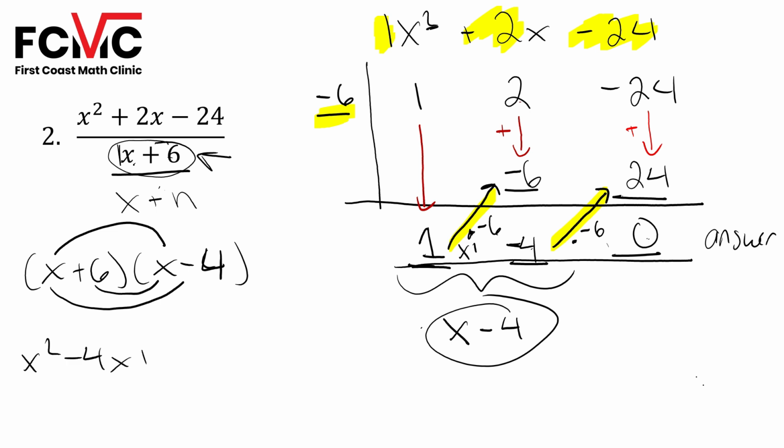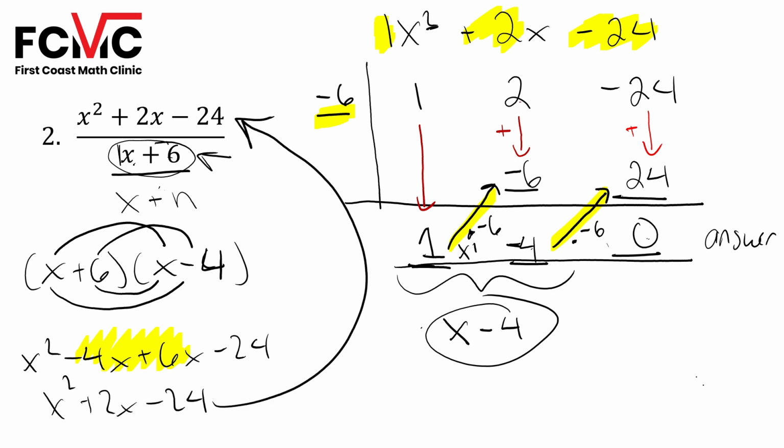Inner, 6 times x is positive 6x. And then last, 6 times negative 4 is negative 24. We combine those middle terms, negative 4x plus 6x gives us x squared plus 2x minus 24. So it gives us the original dividend, the original polynomial that we divided into.